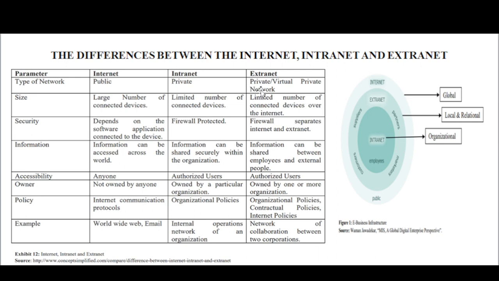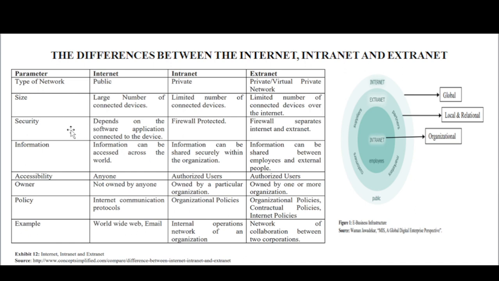Then extranet is a private virtual private network that allows controlled access to external users. In size, the internet comprises a vast number of connected devices worldwide. Then intranet is limited to a smaller number of devices within an organization. Then extranet is similar to intranet but allows a limited number of devices over the internet.